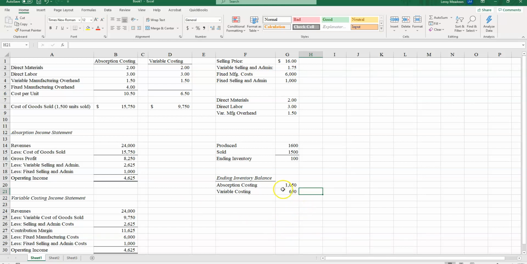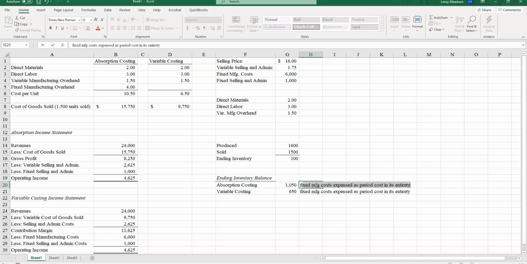So my ending inventory is going to be different. Why? Because fixed manufacturing costs under variable costing are going to be expensed off as a period cost in its entirety, whereas fixed manufacturing costs under absorption costing are expensed only when units are sold.